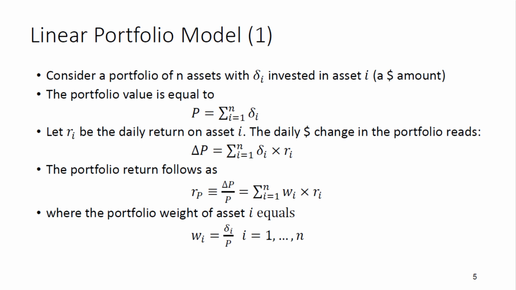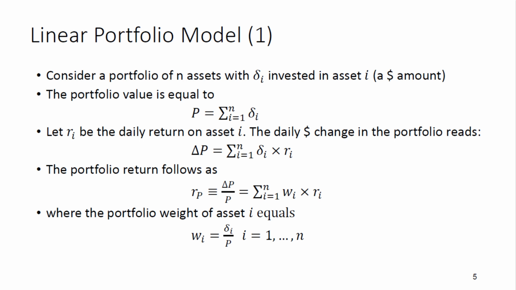Suppose that I denote with Ri a daily return of asset i. Then it's very easy to calculate a portfolio change value, because you multiply each asset value with the return that applies.